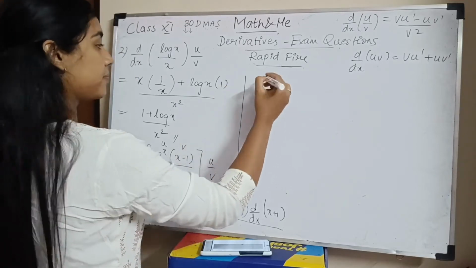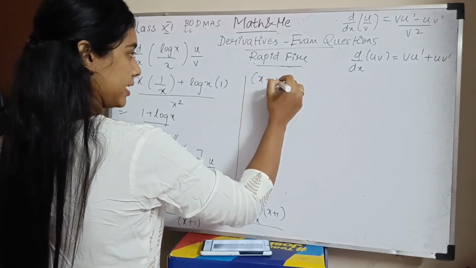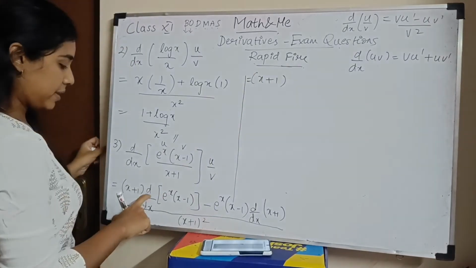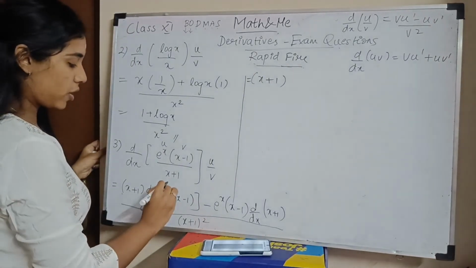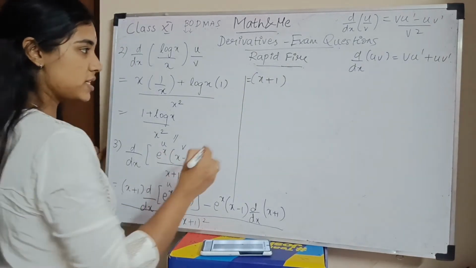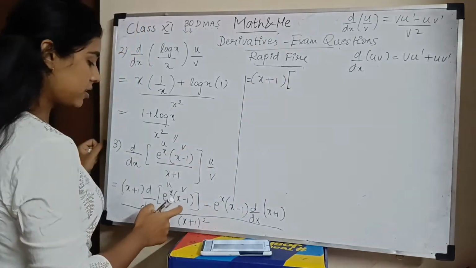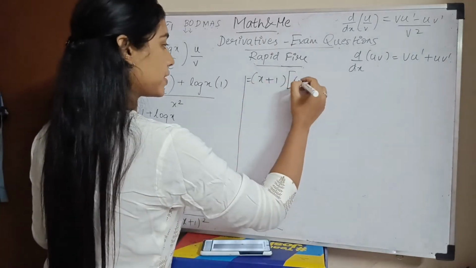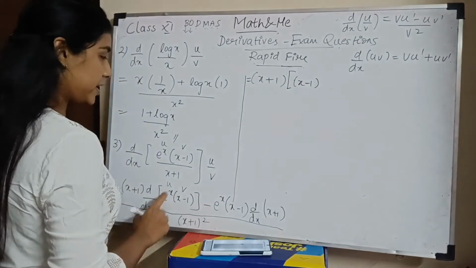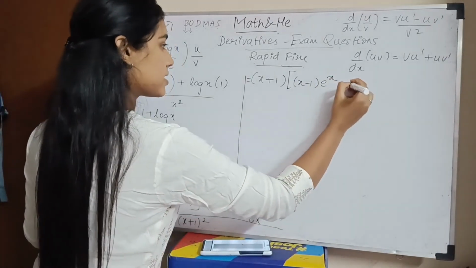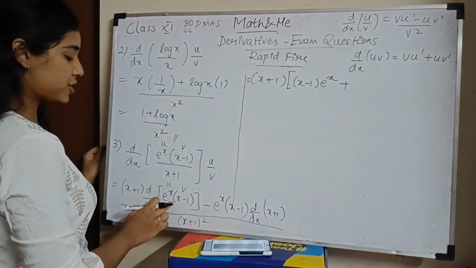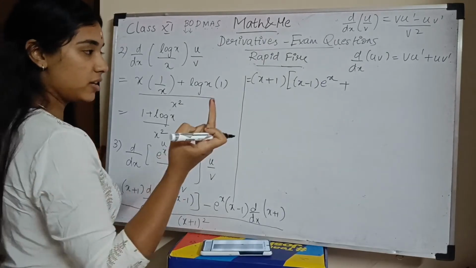So what do you get? You have x plus 1 times d by dx of, now you have a product. So what did we do? v u dash plus u v dash. So I'm opening the bracket. v u dash, derivative of e to the x is e to the x, plus u v dash, e to the x, v dash is 1.